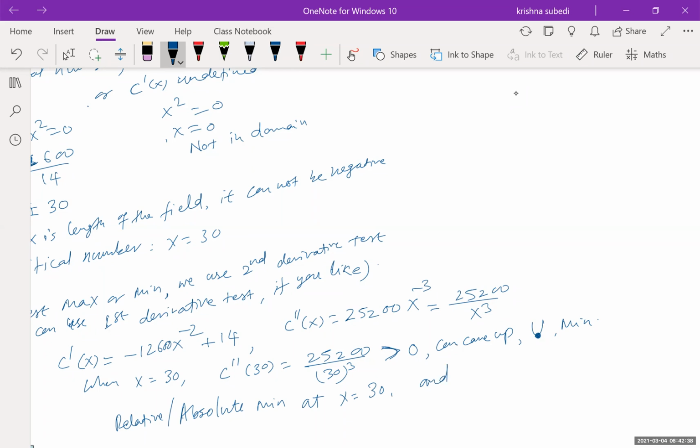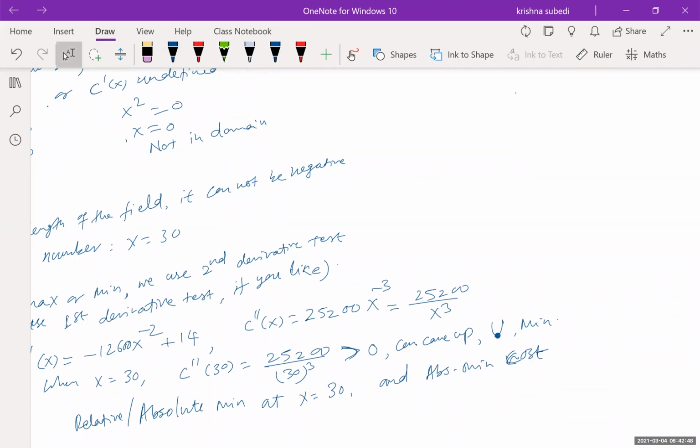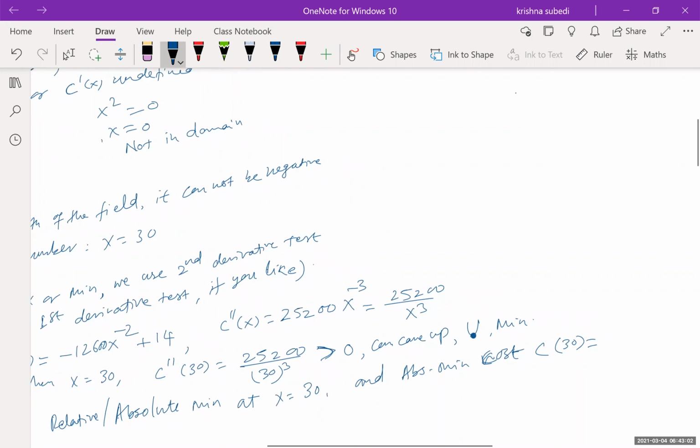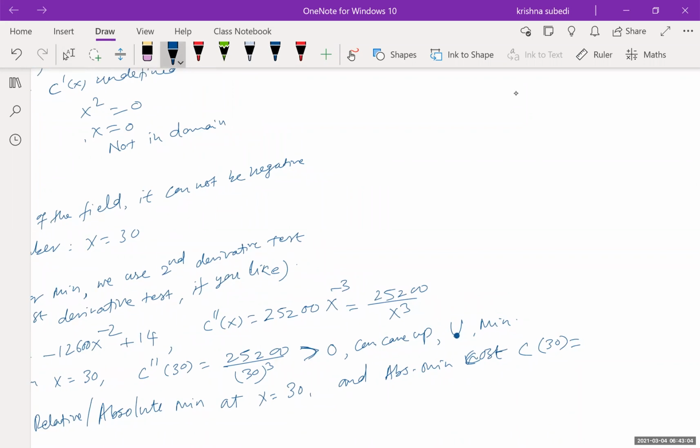Now the minimum cost: even though the question doesn't tell us to find the absolute minimum cost, it just tells us to find the dimensions, which means the values of x and y, we want to find the minimum cost just for fun, okay? So you just find C of 30, using the function C of x.